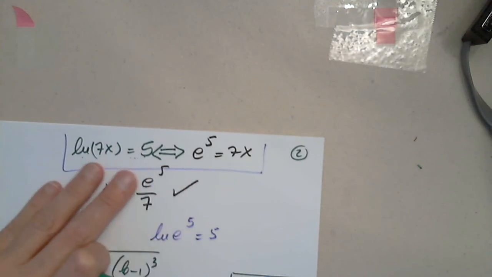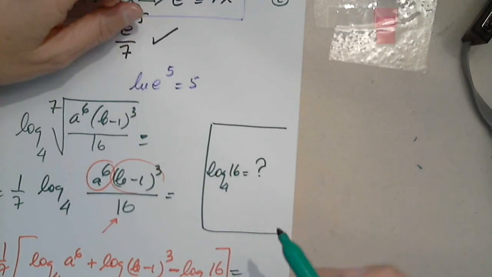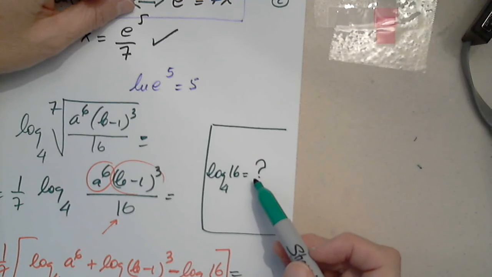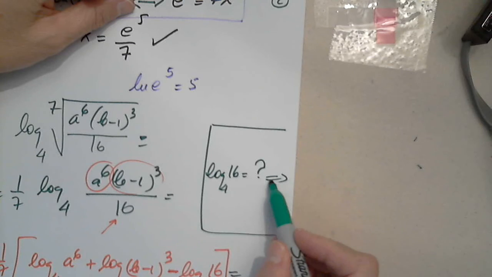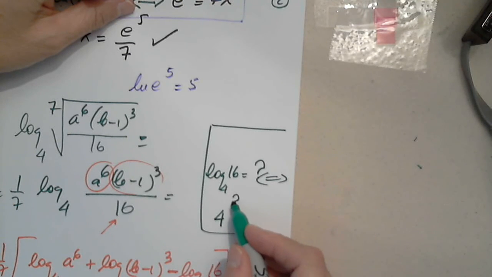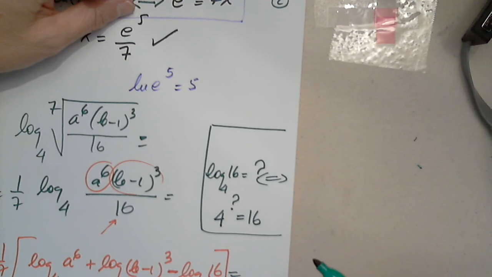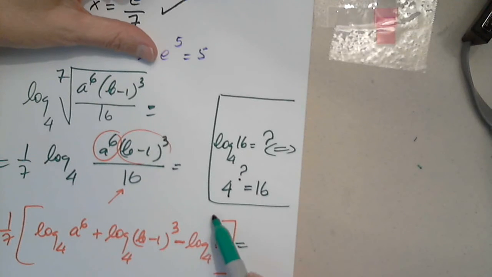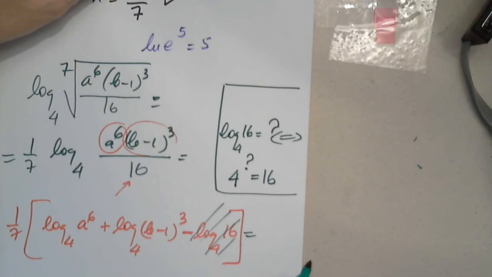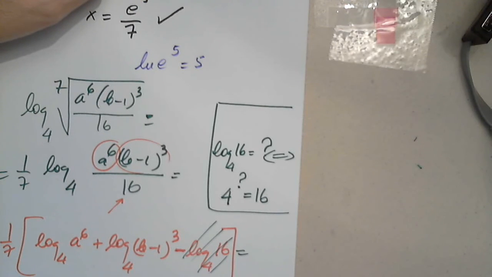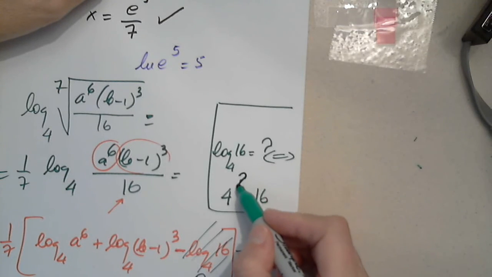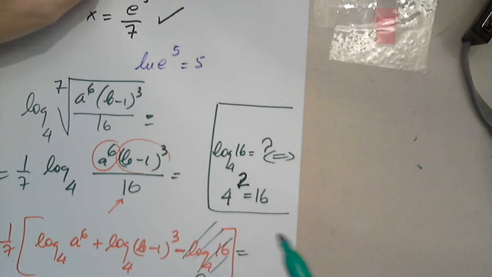It asks: 4 raised to which number equals 16? So then what could all this be replaced by? And the answer is 2. Yes, only 4 squared is 16.